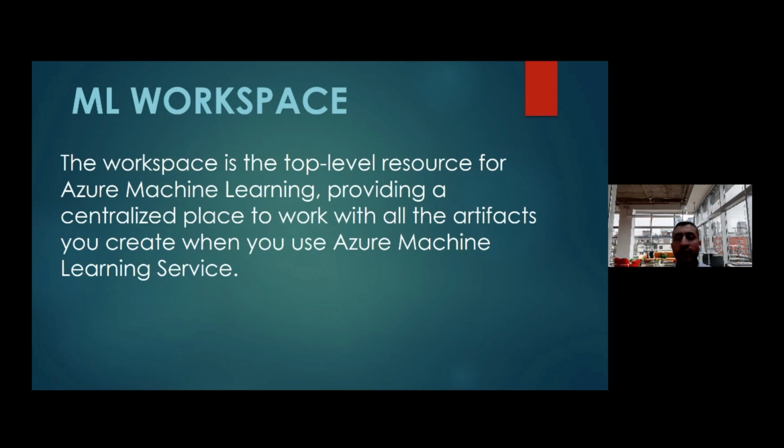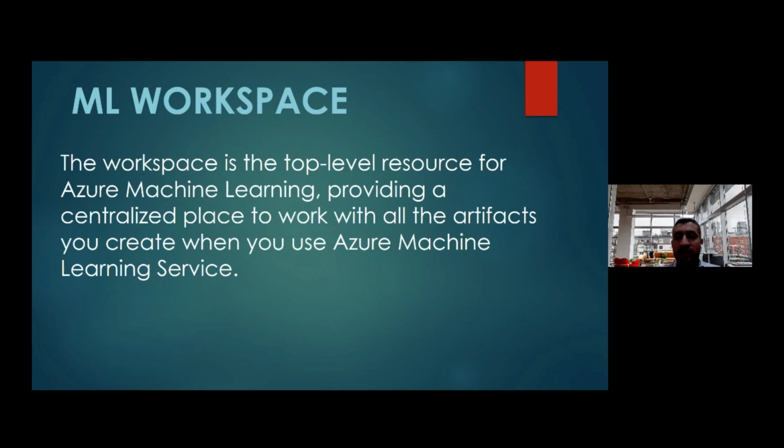Even if we are creating compute resources for machine learning purposes, or provisioning any other resources like ACR, Azure Container Registry, to host specific Docker images or container images, because it's part of a specific machine learning experiment, this is also managed centrally from this top level resource, Azure Machine Learning Workspace.